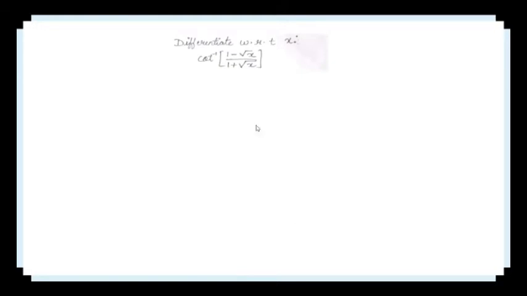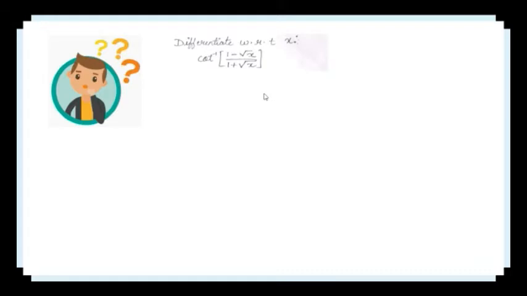Now we'll move ahead. Next example. Differentiate with respect to x cot inverse of (1 minus root x) upon (1 plus root x). Over here also we have to solve the bracket first and then differentiate, so we will be requiring substitution.